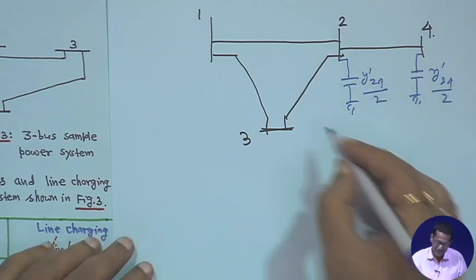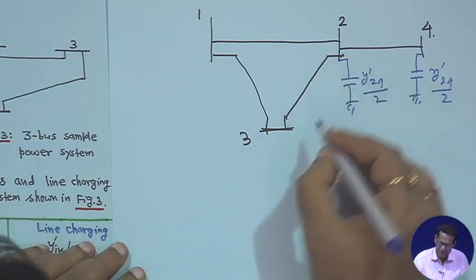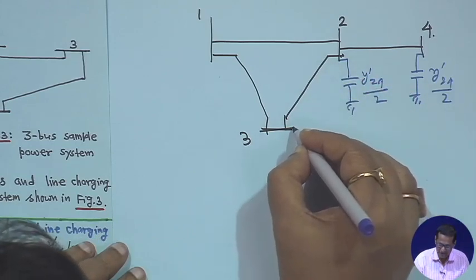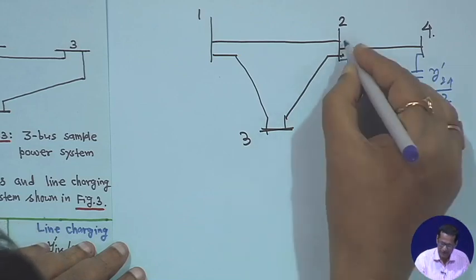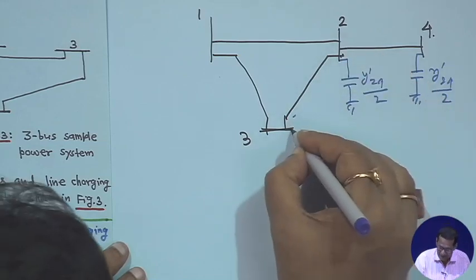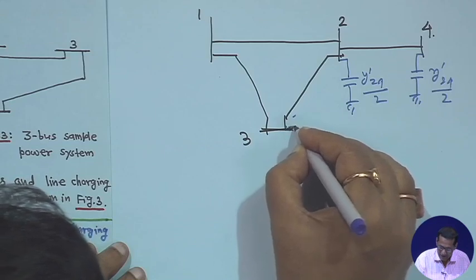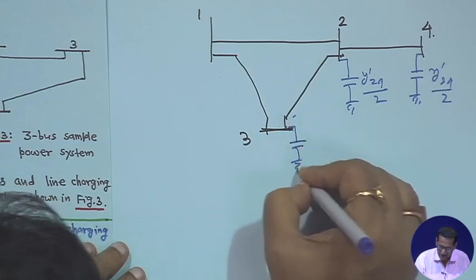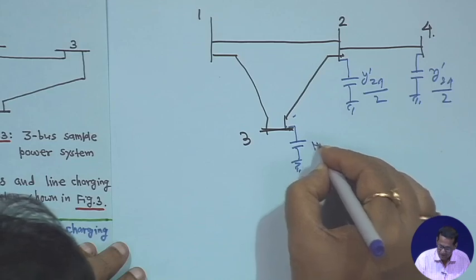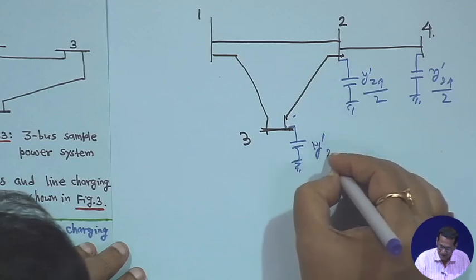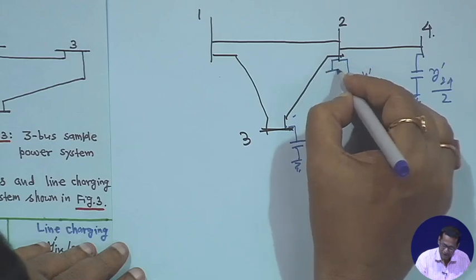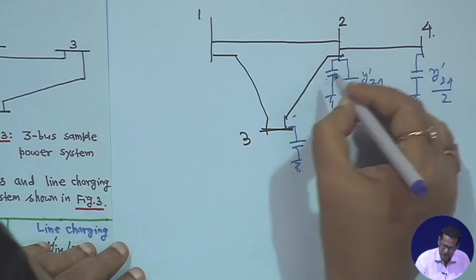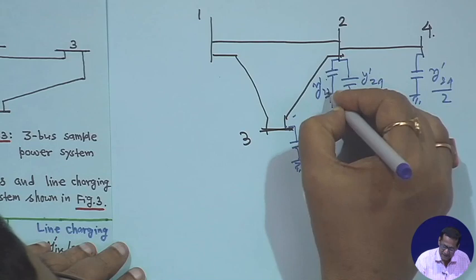Similarly, line 3 to 4 also has charging admittance. For line 2 to 3, this side will be half, y dash 2 3 by 2, and similarly this side also is y dash 2 3 by 2.